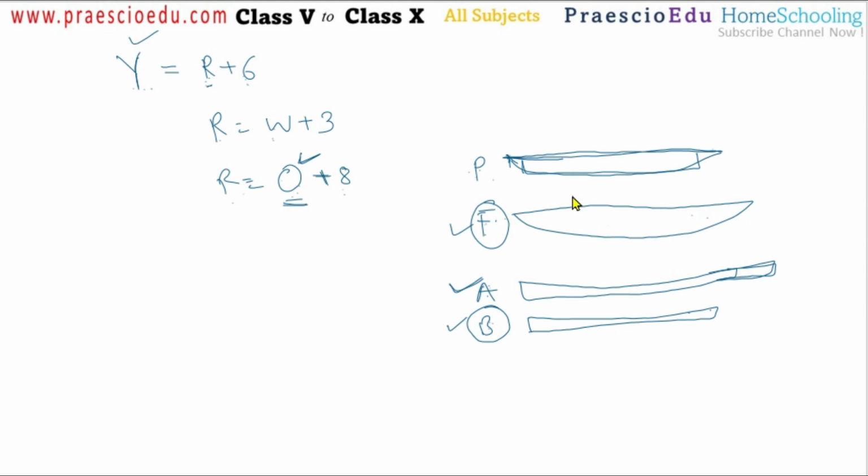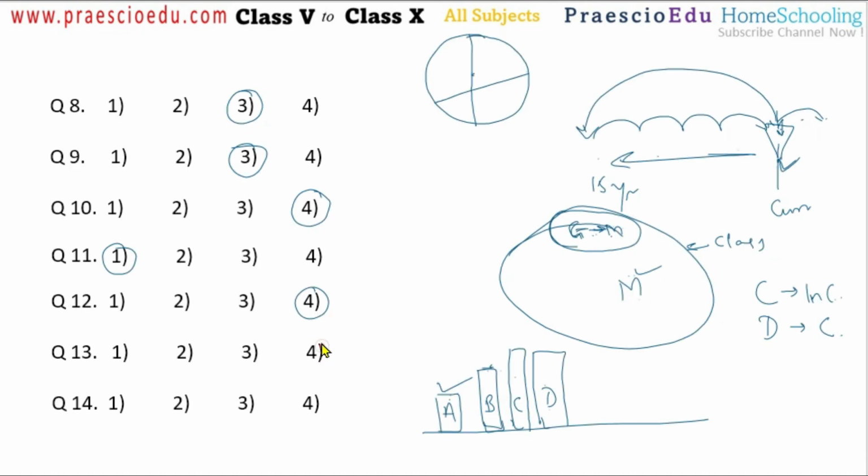That's why option number 4, data insufficient, is the correct one, because the comparison of rivers F and B we don't know.